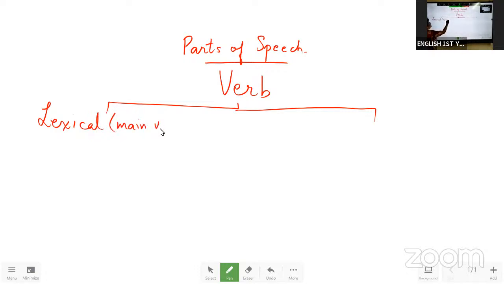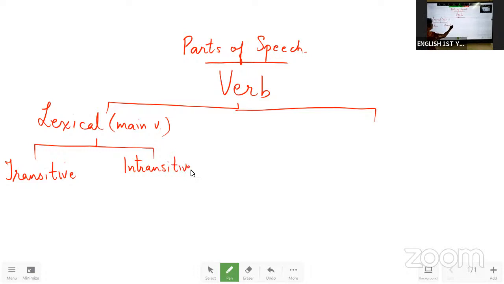And again, main verb is divided into two. It is the transitive and the intransitive. Just now I explained what intransitive is. An intransitive sentence is where you don't have the object. It may have a phrase, it may have any other expression, but doesn't have an object.